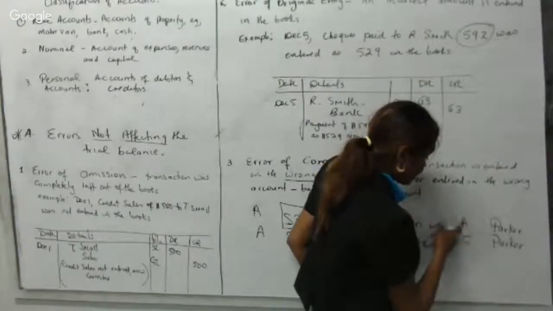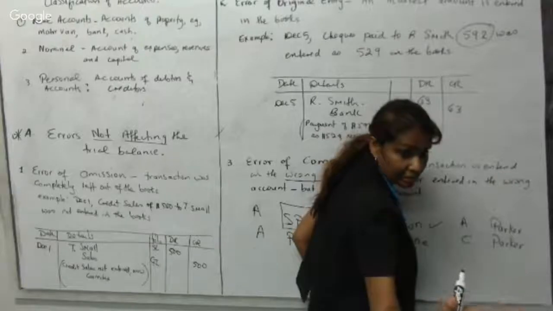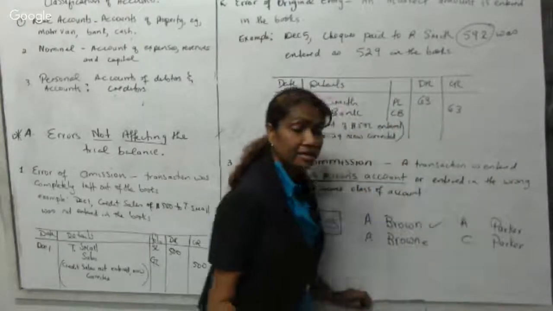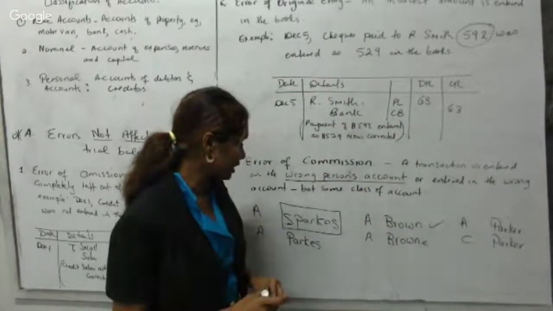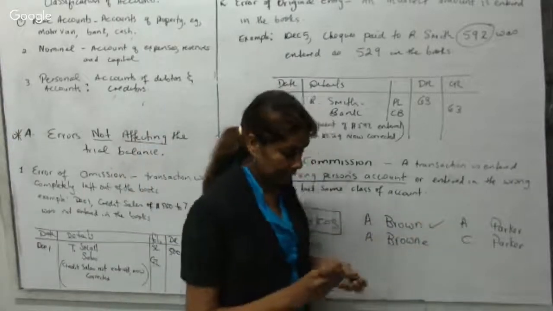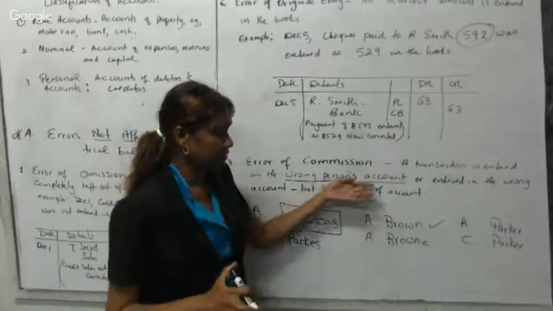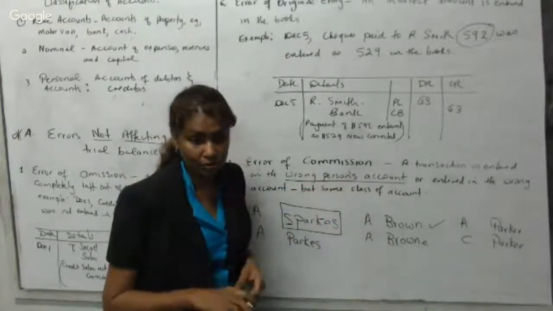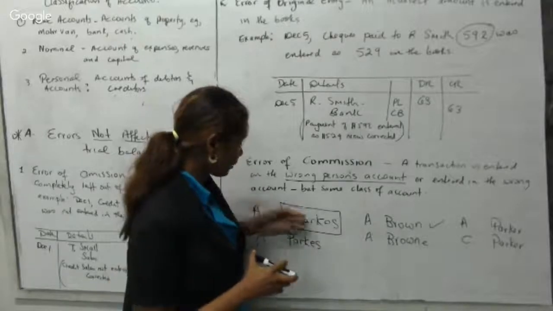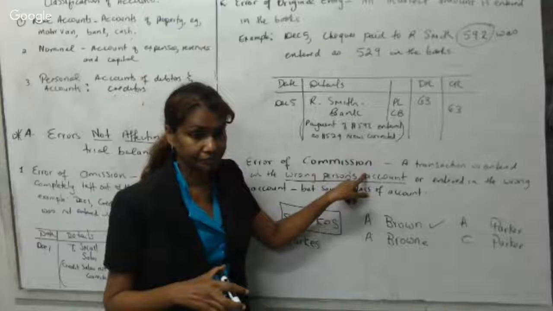You enter in a transaction with A Parker, but you put it into C Parker's account. Could be Parkinson, as we say. So these kinds of things do happen, especially when you have names that are very similar. Then there are instances where a transaction could be entered into the wrong person's account, and once it's entered into the wrong person's account, we refer to it as an error of commission.